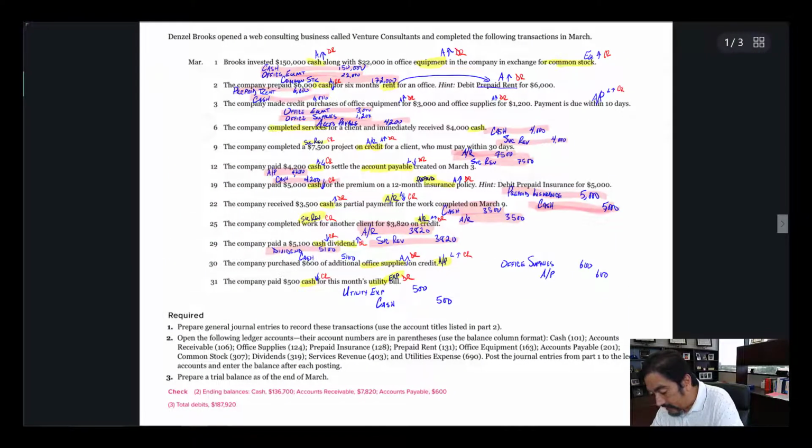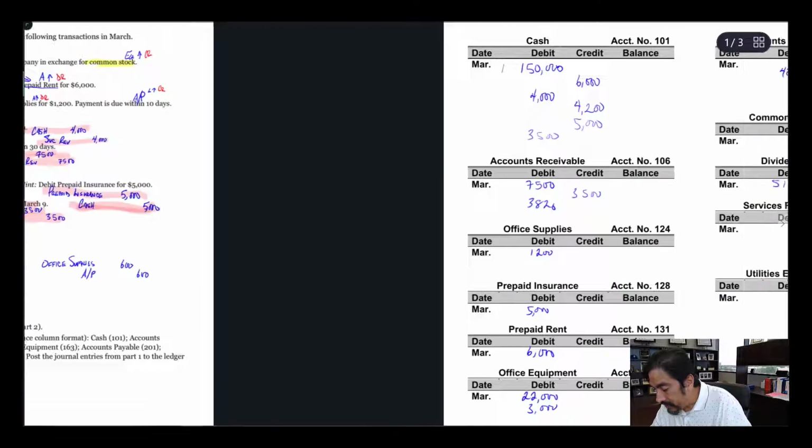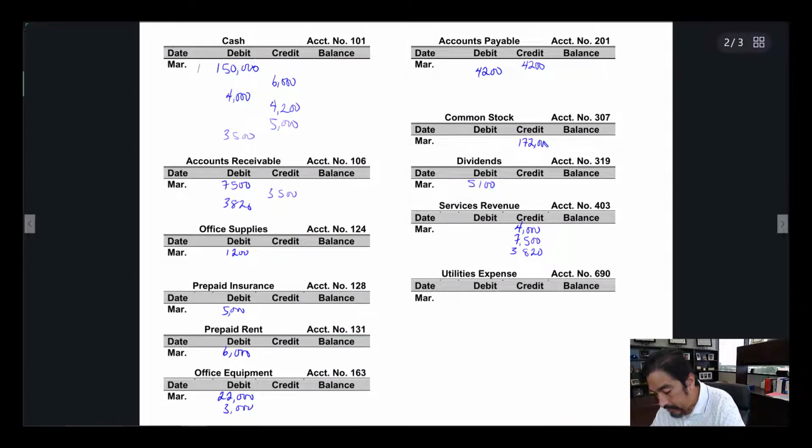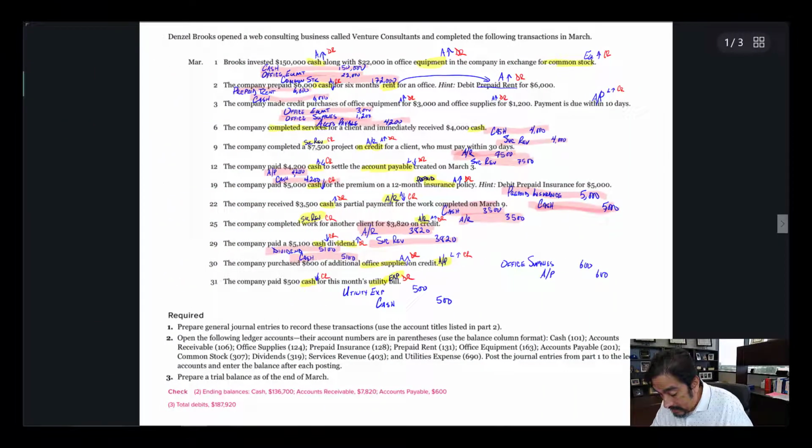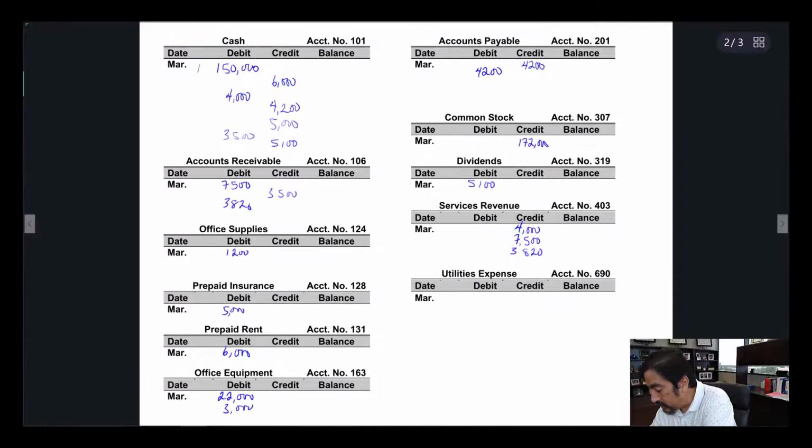And a credit to cash for $5,100. And I've got a debit to office supplies for $600.